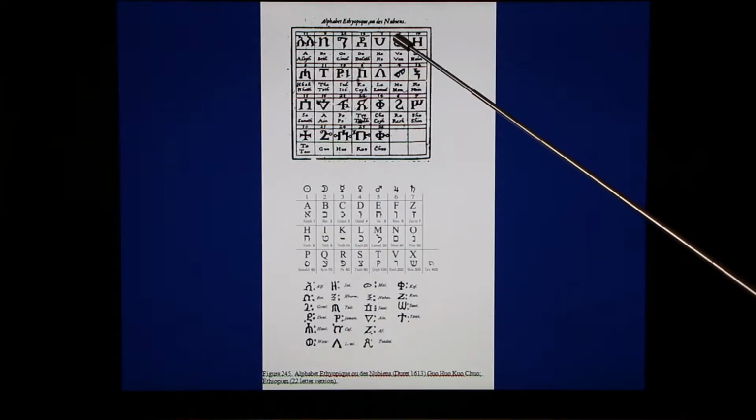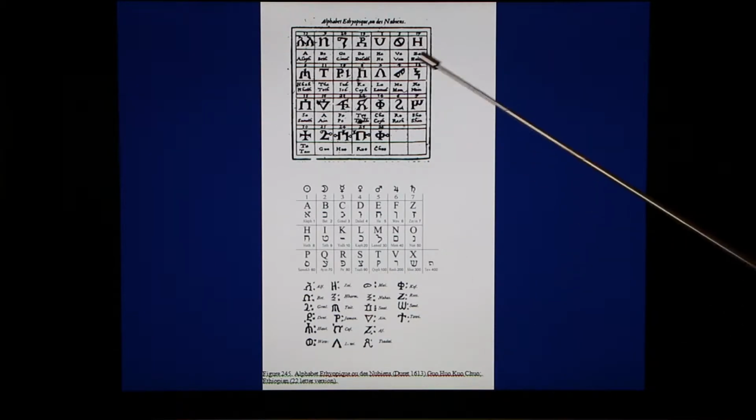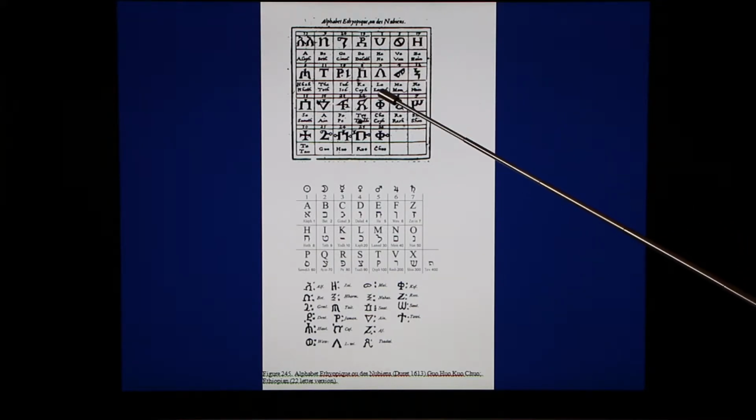Except, ladies and gentlemen, you notice that there are funny little numbers on top of this. So if I go now to the first number, I go ha, la, ha, ma. Hey, wait, doesn't that sound familiar?